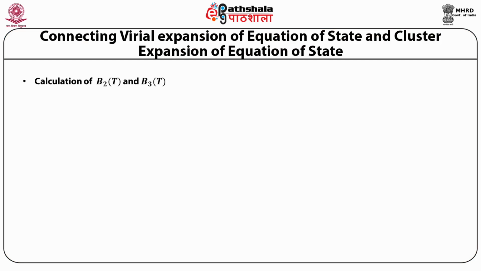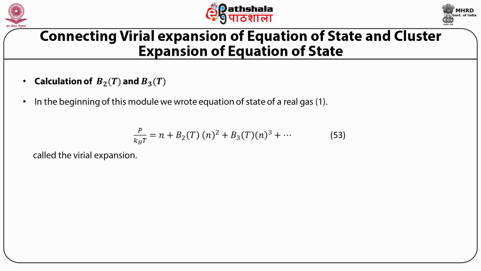Calculation of B2 as a function of T and B3 as a function of T. In the beginning of this module, we wrote the equation of state of a real gas, equation 1, called the Virial expansion, namely P upon kBT is equal to n, the number density, plus B2(T) multiplied by number density squared, plus B3(T) multiplied by number density cubed, plus so on.